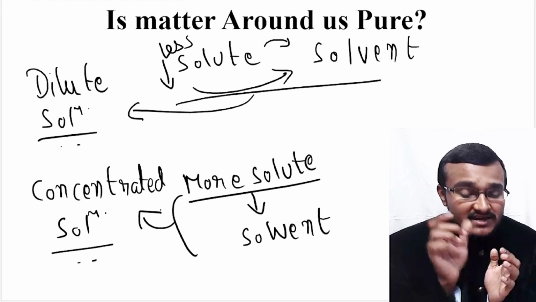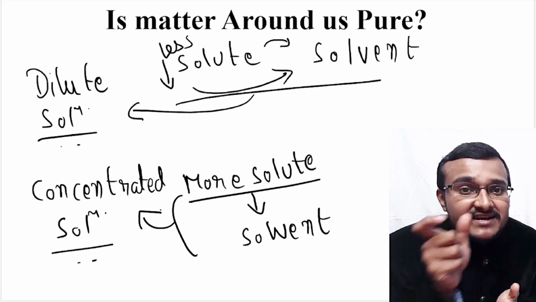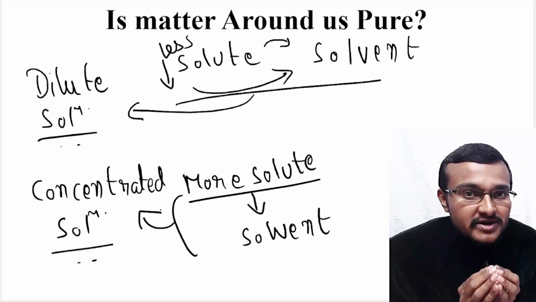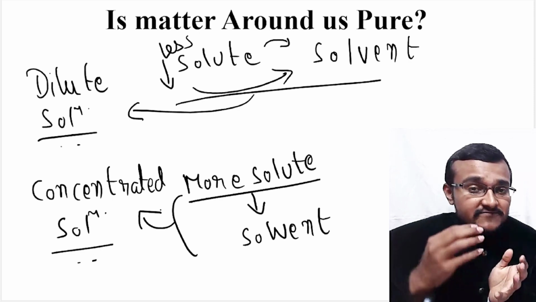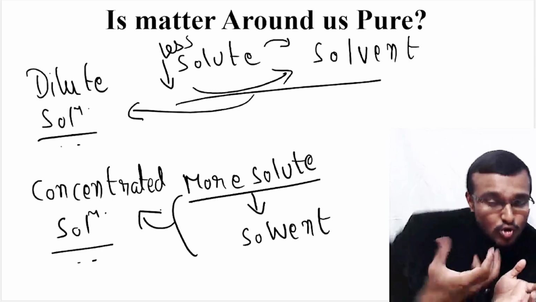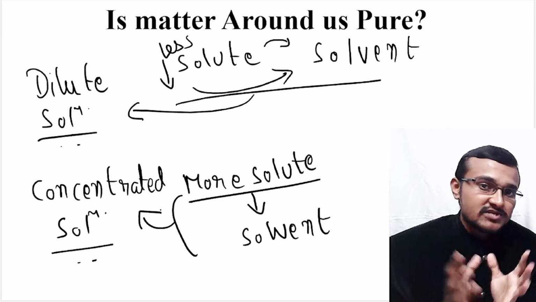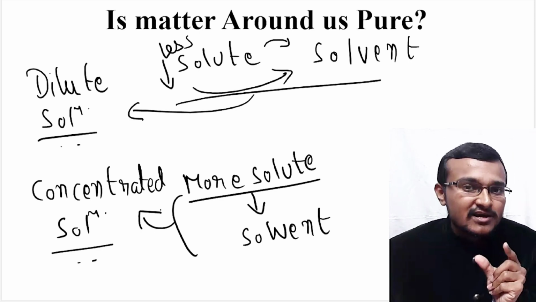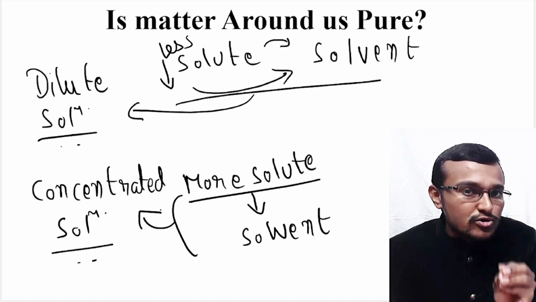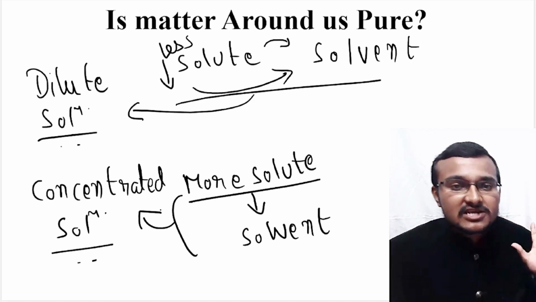So that's why, if the amount of solute inside a solvent is in lesser quantity, then we call that entire solution a dilute solution. If the solute in the solution has more concentration, then that solution will be known as concentrated solution. So what do you mean by concentration? Concentration is the amount of solute in a particular solution.